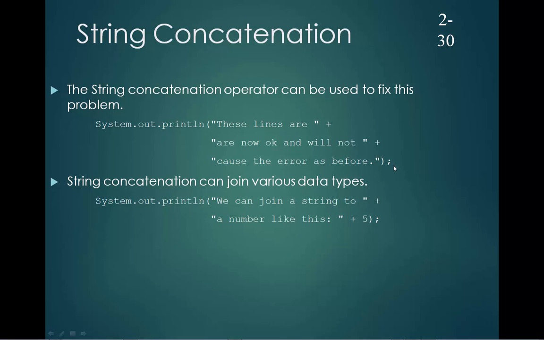Notice that we have only one semicolon here because this whole thing is one statement. So this is an example of how a statement can be more than one line long, and that's why we need the semicolon, because we need to tell the computer when this statement ends.